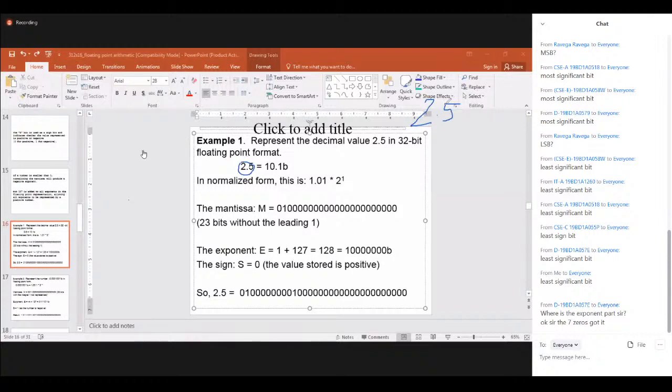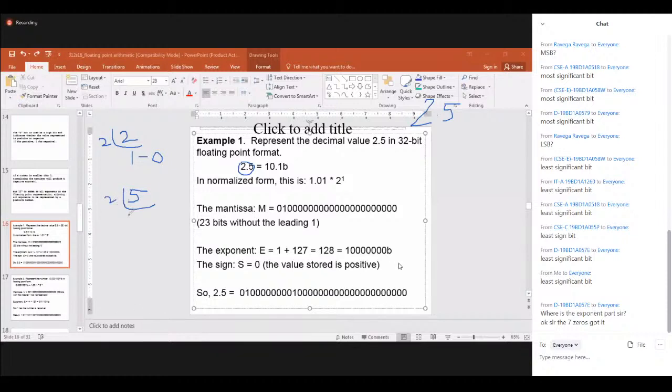I'm taking 2.5. So the first number is 2, right? Please divide 2 by 2, because you're going for a binary number. When I'm dividing 2 by 2, I'll be getting 1 and the remainder is 0. Now for 2.5, you take 5 and divide this 5 by 2.